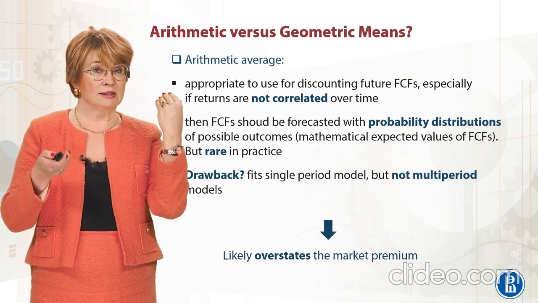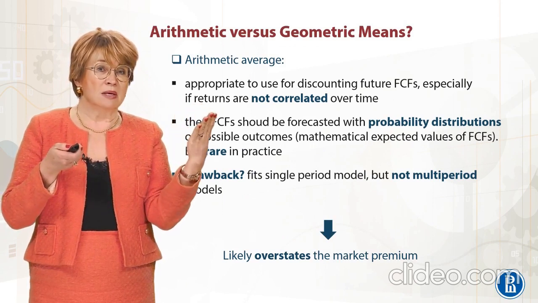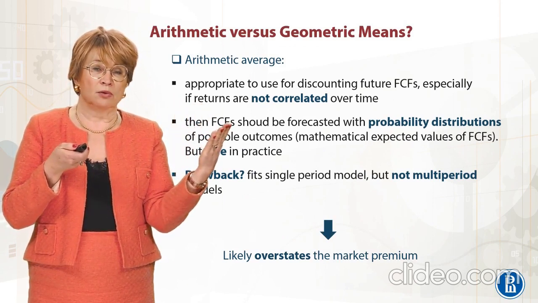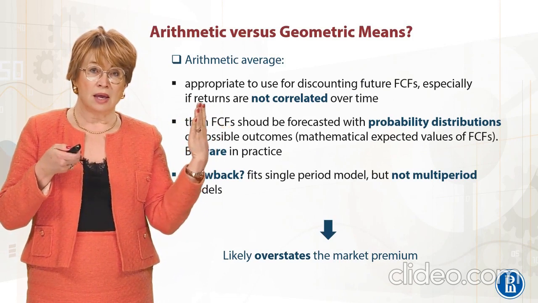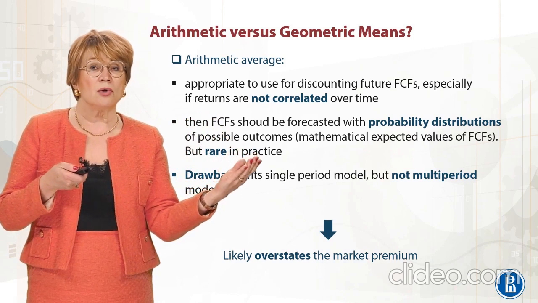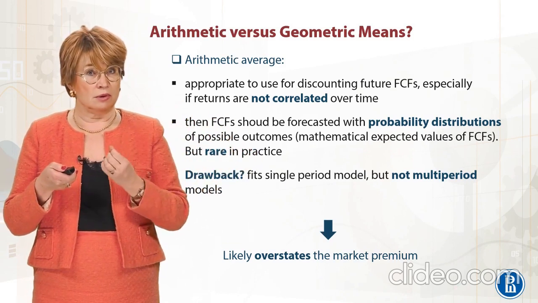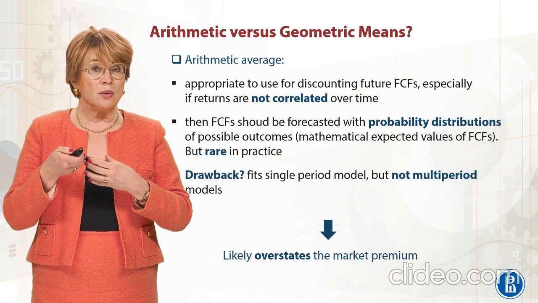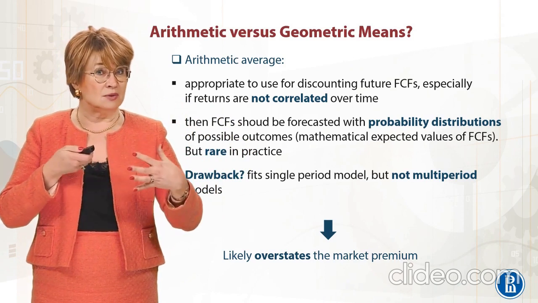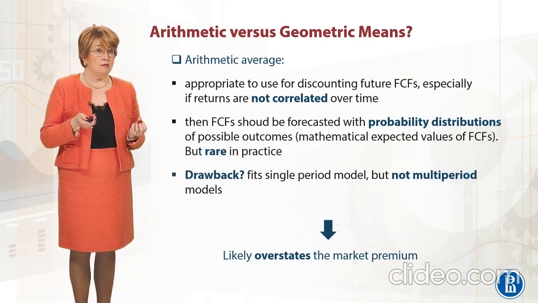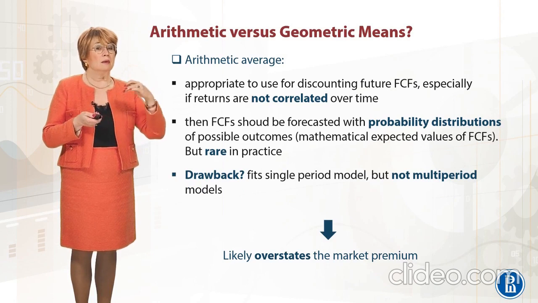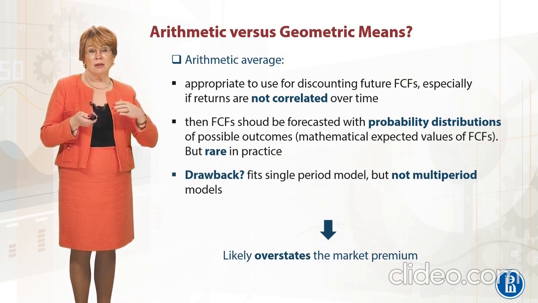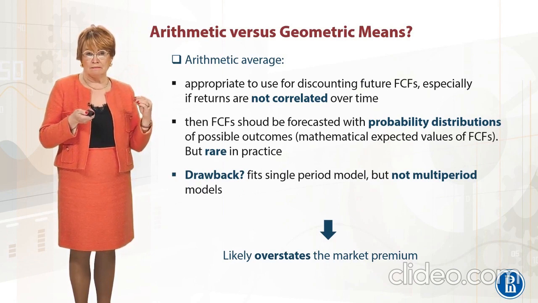We also need to discuss whether we need to pick up the market risk premium computed on the basis of the arithmetic mean, or we need to stick to the geometric means. Again, we need to understand pluses and minuses. The arithmetic average has, of course, some advantages because this is the year-on-year market risk premium compared to each other.